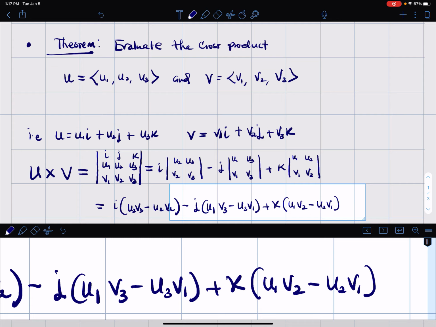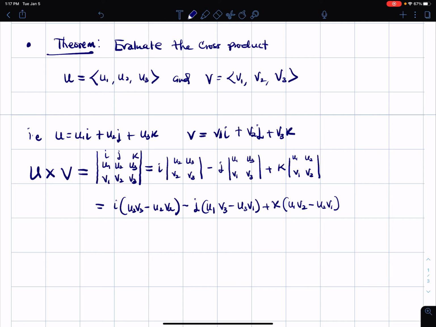All right, so that's how we calculate the cross product.